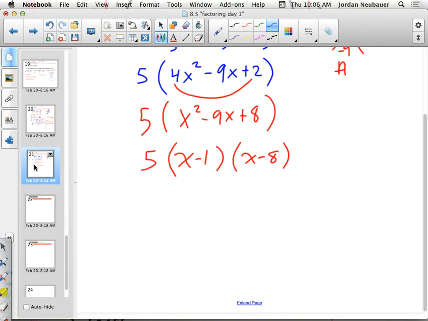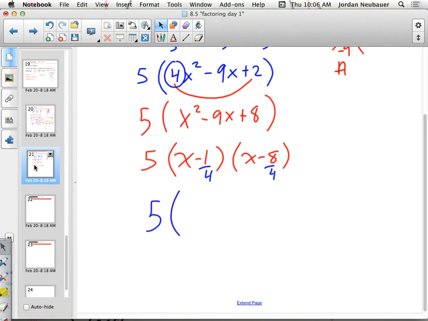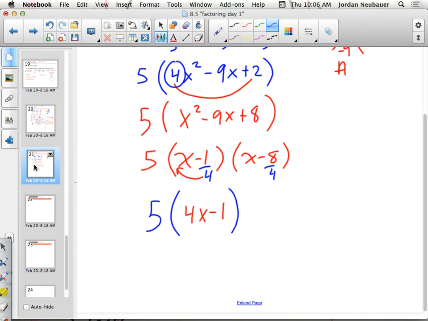Next step would be to divide by what we slide. Since we slid the 4 over, we're going to divide by 4 here, divide by 4. One of the fractions can be reduced, one of them can't, so we're just writing it out as 5 multiplied by, well, 1/4. We go bottoms up with the 4, bring that out front, 4x minus 1. And then our second factor is just going to be our x minus 2.